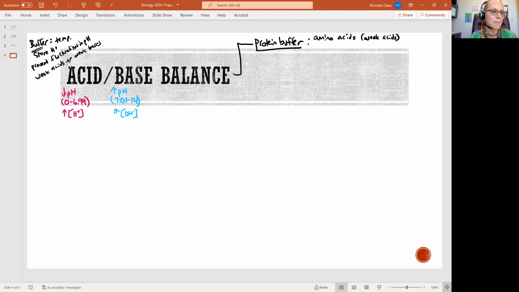And so we'll see that these are going to be important. Our book tells us about 2/3 of our buffering power in the blood is coming from these buffering proteins. It's our primary buffering source inside of the cell, and that's just facts, so we don't really have to write that down.